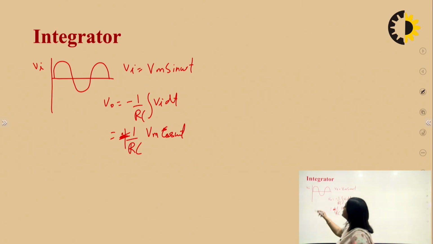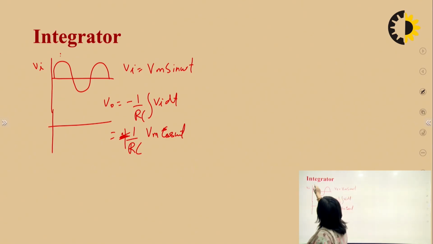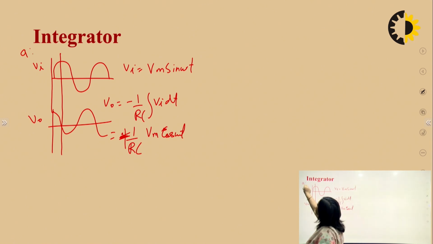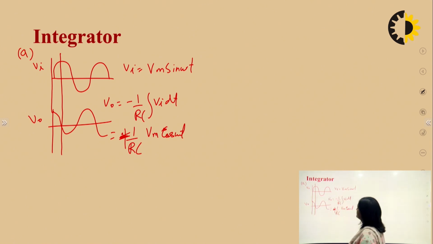The output waveform will be like this, with a 90 degree phase shift. This is our output, because of the plus here, the amplitude will be positive in this direction. So this is the analysis with the sine wave.